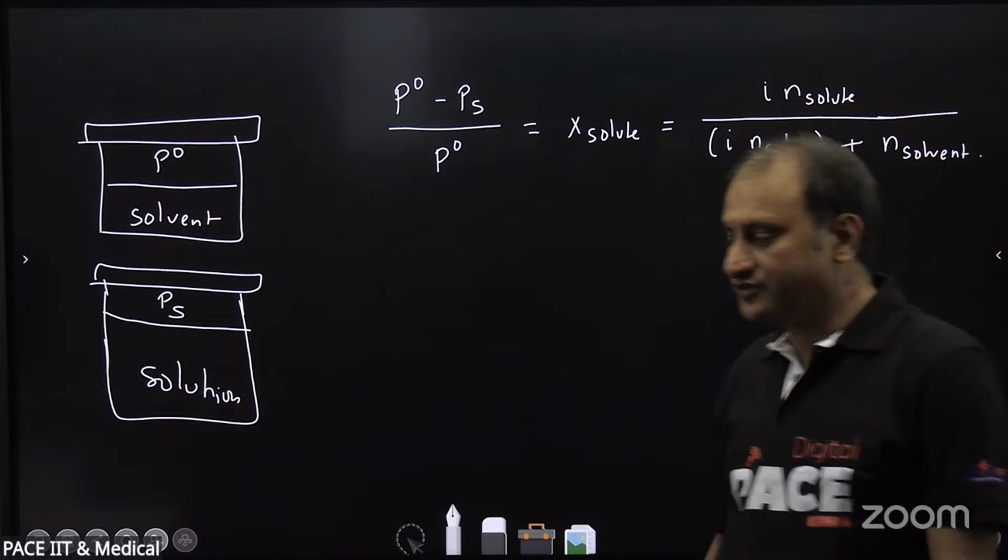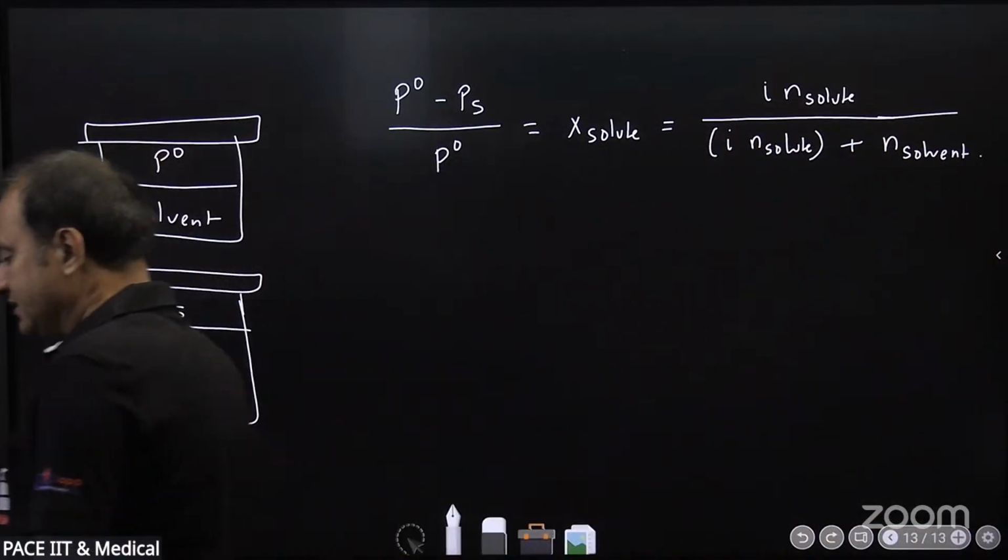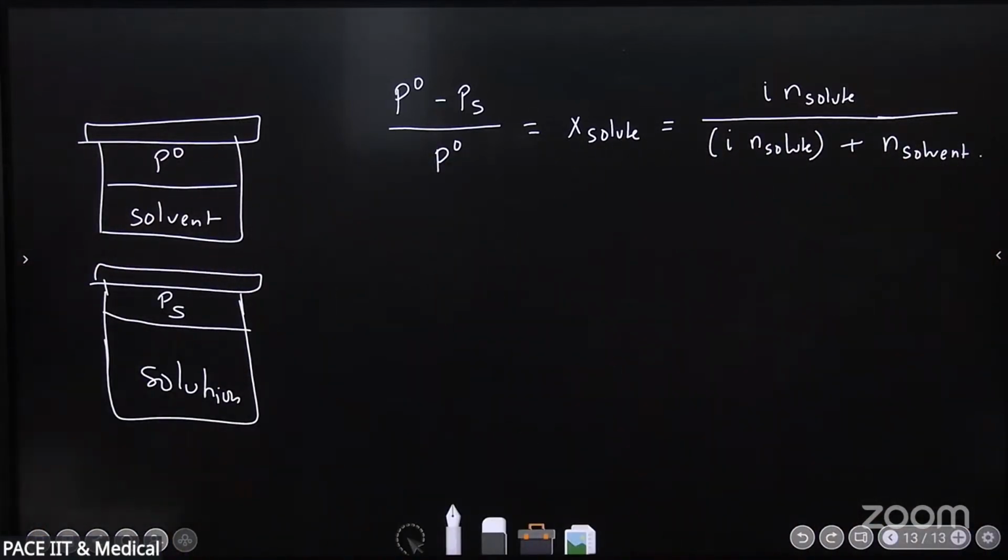Generally, moles of solute are much lesser than moles of solvent. So in the denominator, generally we can neglect the i times solute term in comparison to n solvent. Okay.